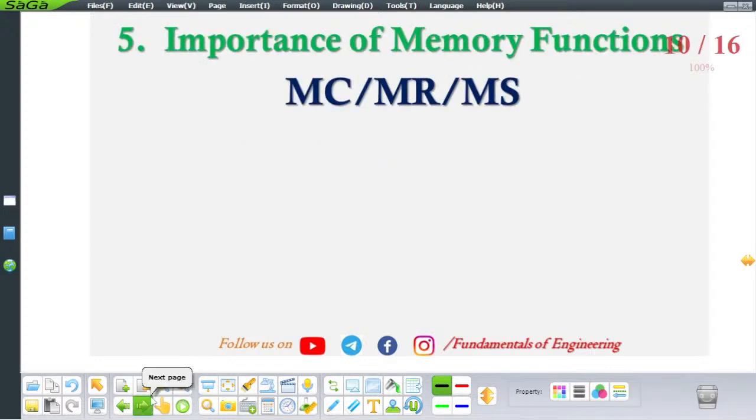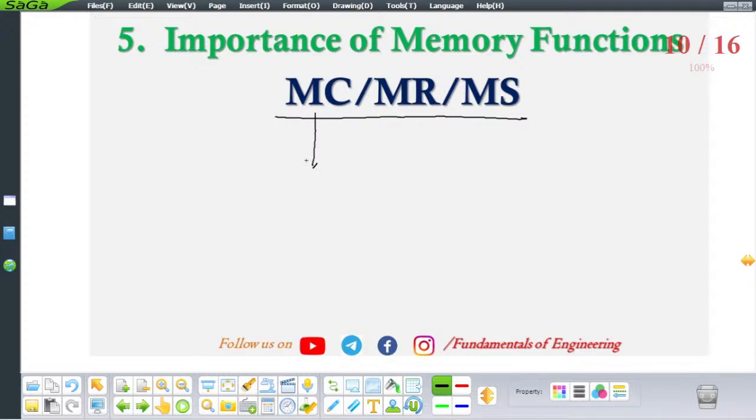Now the importance of this memory function. If you know the importance of these memory functions, then you will get the answer of any equation by using these scientific calculators. So what is meant by this capital MC, MR and MS?